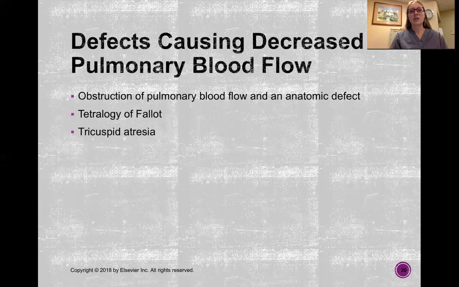We don't have enough oxygenated blood or enough blood being oxygenated, so we see that systemic circulation has a lot of deoxygenated blood as well. Box 42.1 through 42.4 gives a really good synopsis of all of these different cardiac defects.